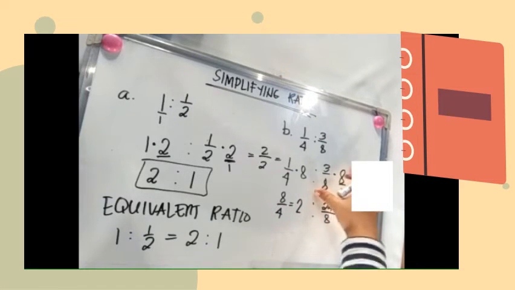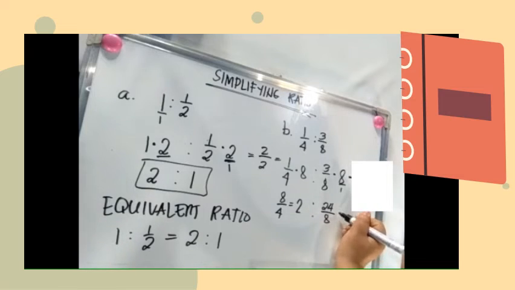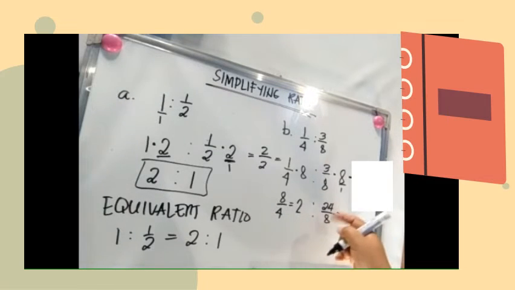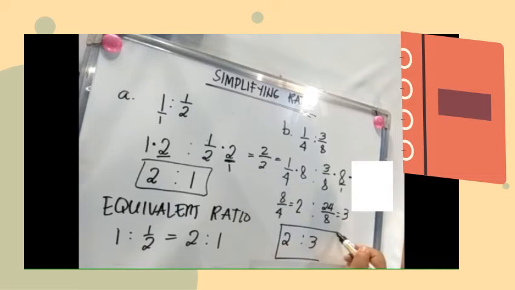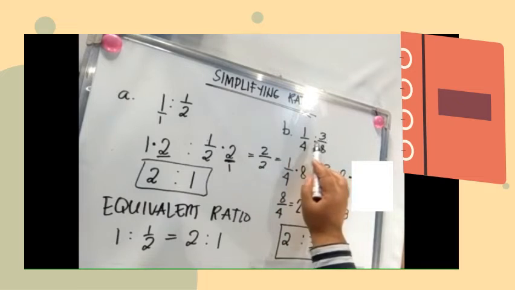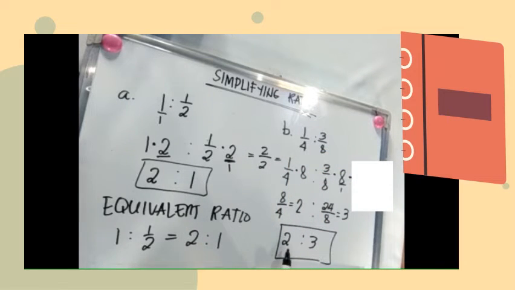So, what is 24 over 8? We have 3. So, our equivalent ratio is 2 is to 3. Okay? So, this is now our answer. 1/4 is to 3/8 is equivalent to 2 is to 3.